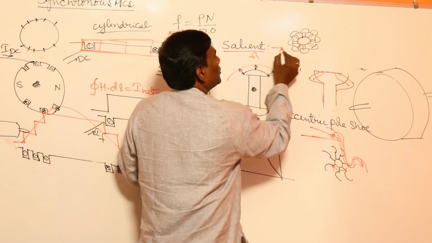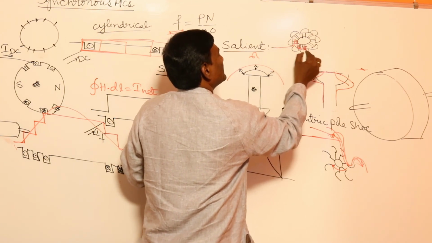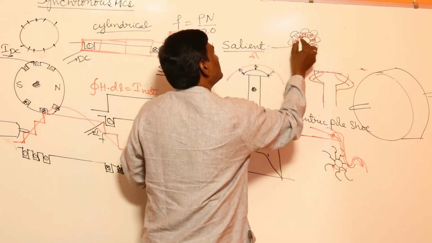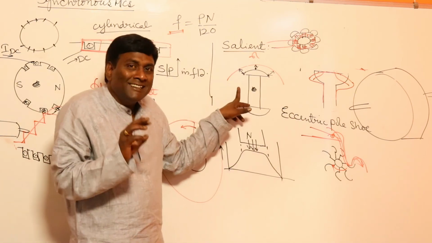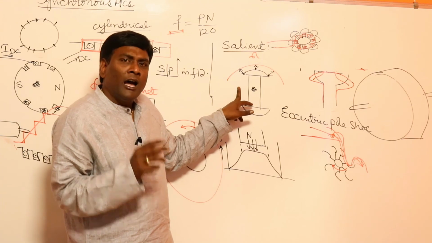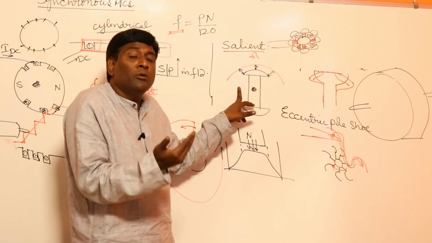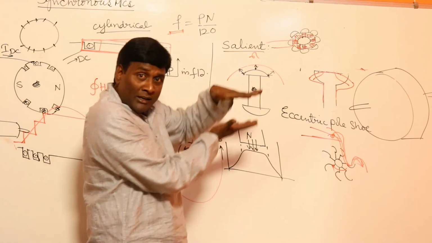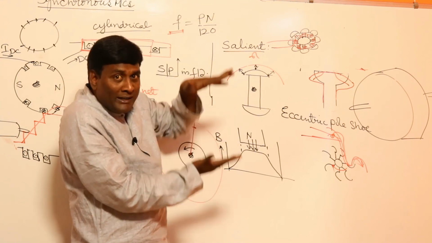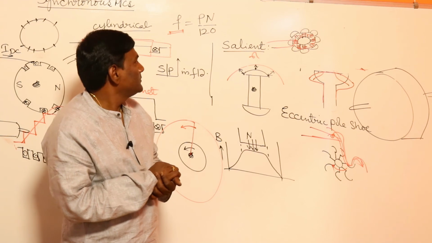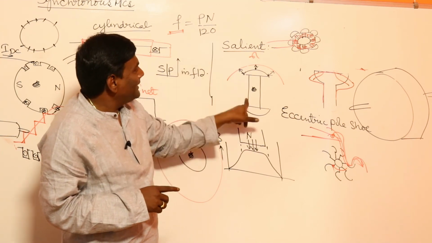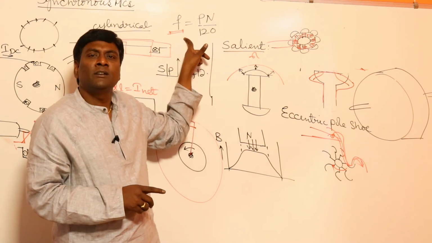Basically, my salient pole field winding is concentric in nature, so I can keep as many poles as I want. That too, diameter is big, so the moment diameter is big, automatically more poles can be incorporated. So more poles, less speed, same frequency can be attained.